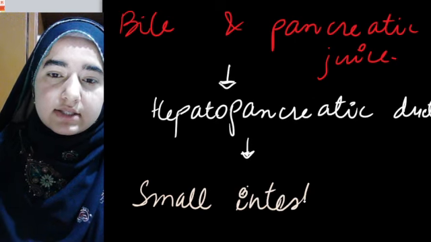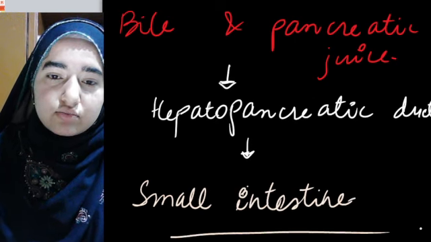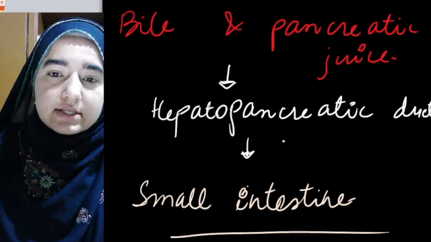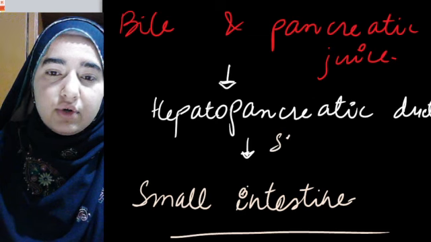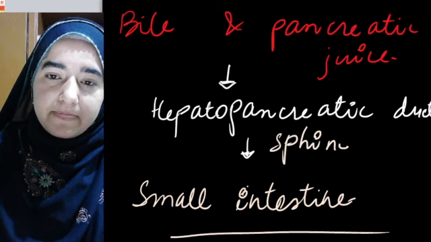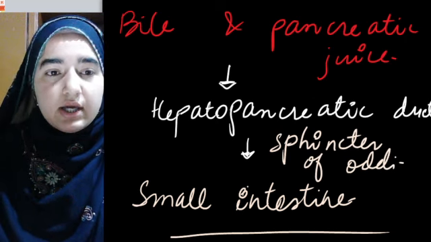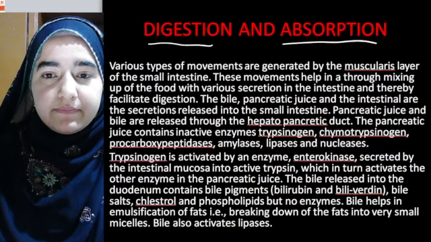The hepatopancreatic duct and small intestine are guarded by a sphincter known as the sphincter of Oddi. I hope this concept is clear.